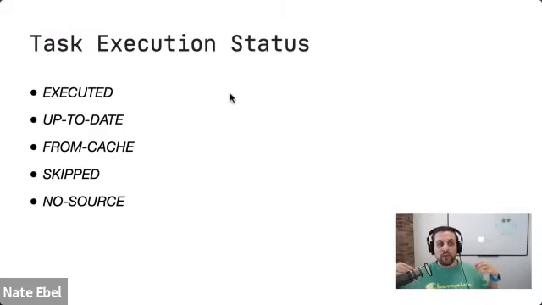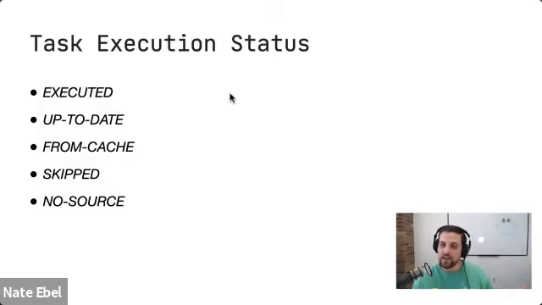Now, when we execute that task and we get whatever the output is, the task is going to have basically an output status. And the status has become really helpful in understanding if we're doing too much work or not. So for any given task we run, or that is run in response to us requesting that another task run, that task could be executed, which basically means it successfully ran.